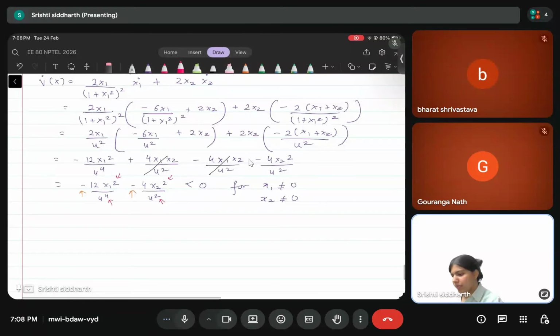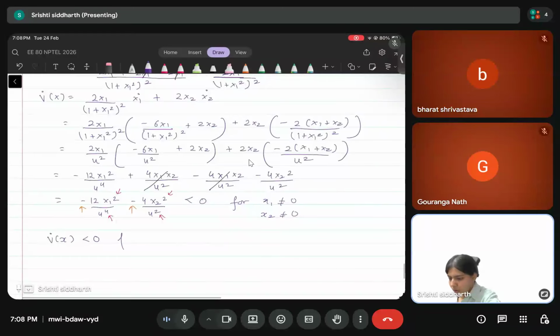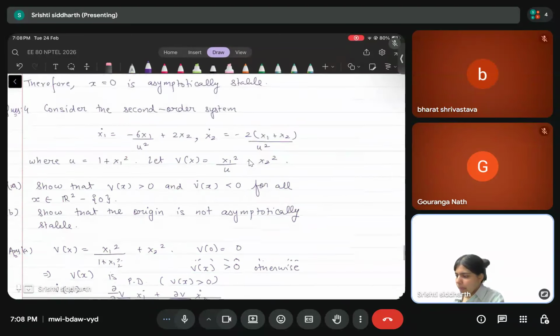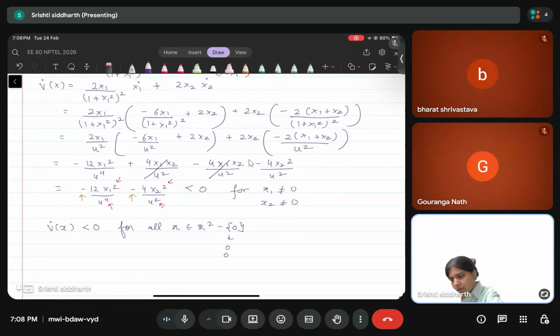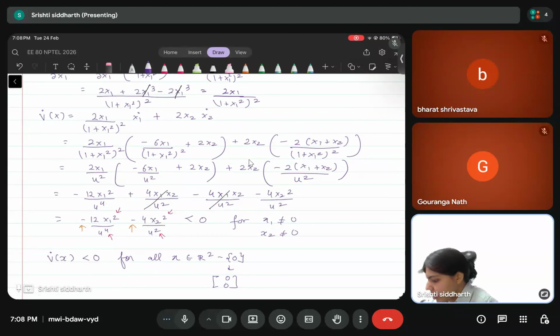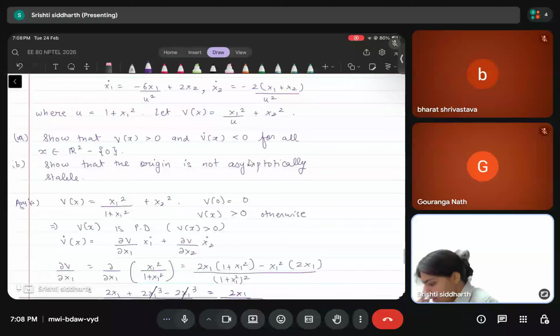So we have V dot x is negative for all x in R2 except 0. This is R2 minus 0. This 0 is in R2 also, right? This is (0, 0). Okay, so we have proved part A.